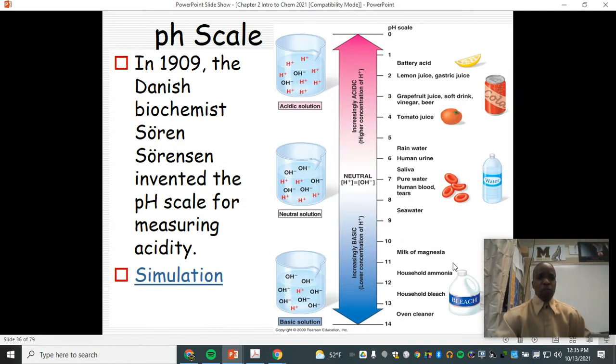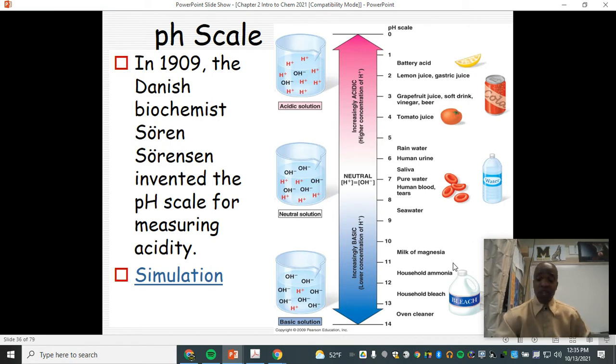The pH scale. In 1909, a Danish chemist, Soren Sorensen, invented this pH scale for measuring acidity. Now, what's important about that? It's important that you know that this scale was created to count the amount of hydrogen atoms or hydroxide atoms in solution. Okay, that's the reason for the small p.